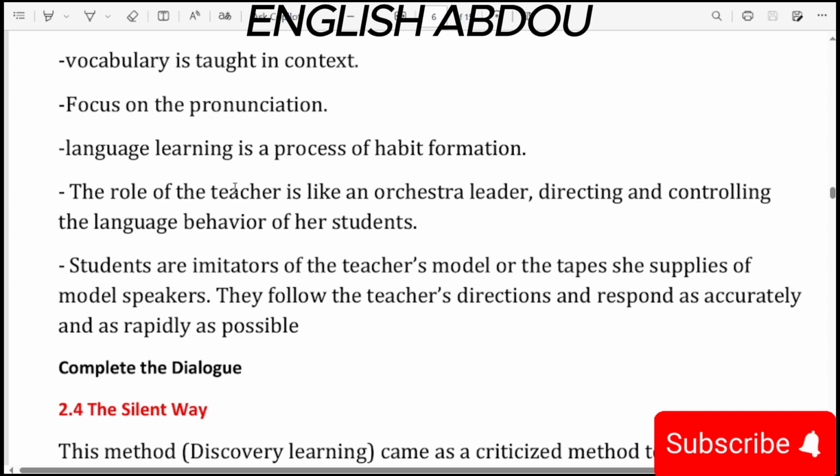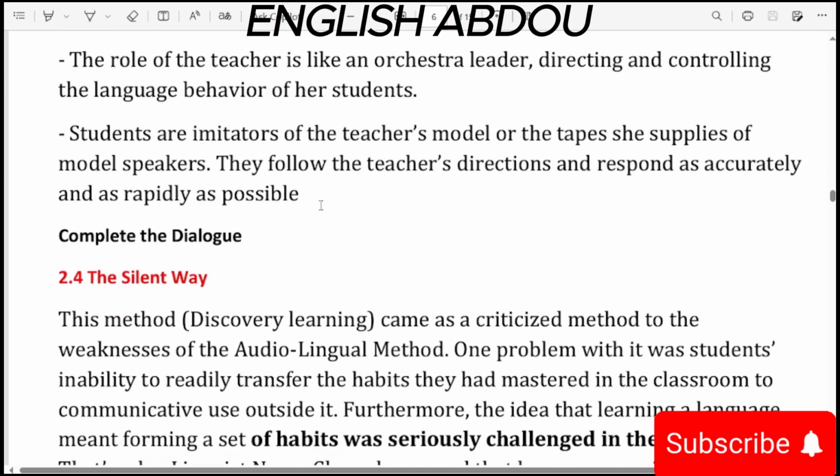The role of the teacher is like an orchestra leader, directing and controlling the language behavior of the students. The teacher here is like an orchestra, like you know the orchestra. It's one who can control the group, the rhythm, either high or low, etc. Okay.